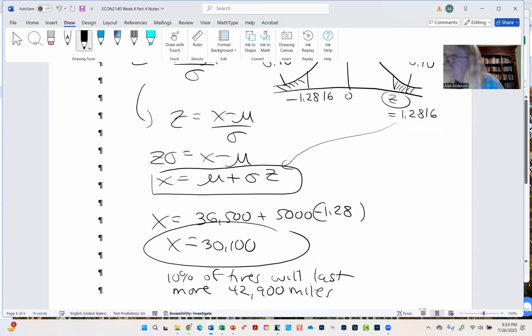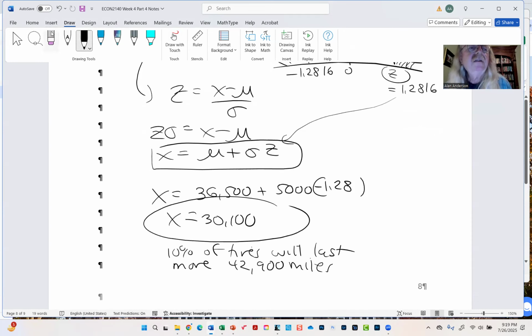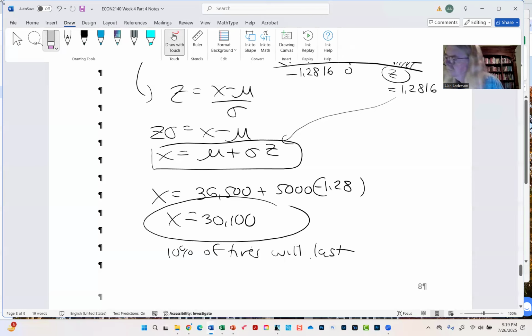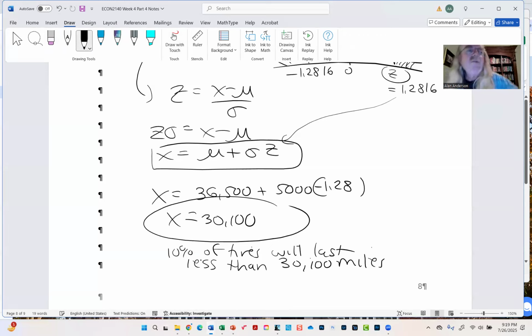So that means that 10% will last less than 30,100 miles. So basically, what they're saying is that if they set a warranty at 30,100 miles, they're guaranteeing you'll get at least that much.